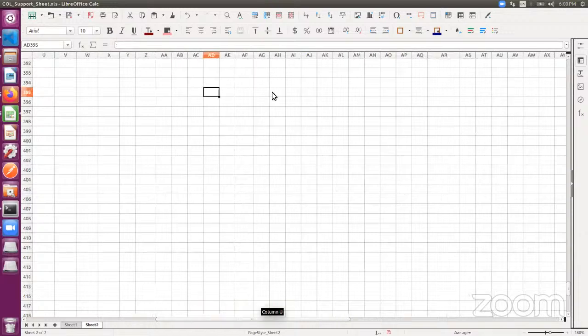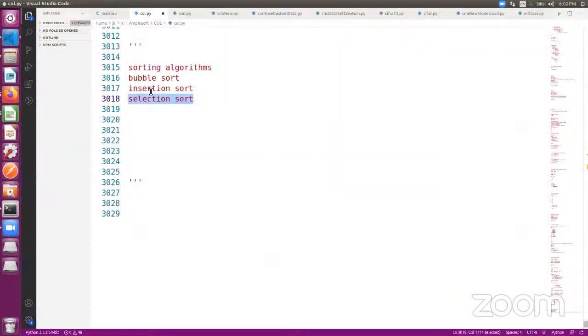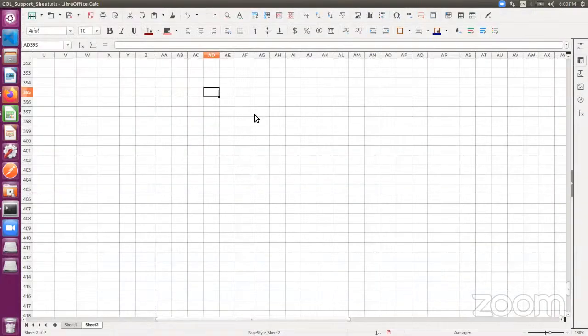Once you see the algorithm, you will figure out why bubble is the name of the algorithm. So we are taking some random elements.